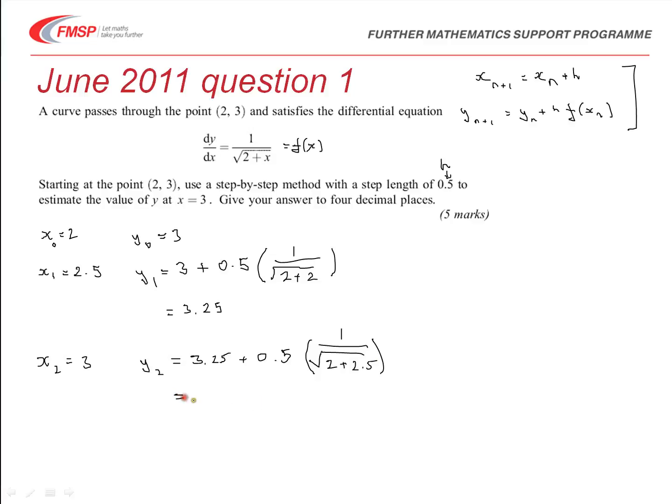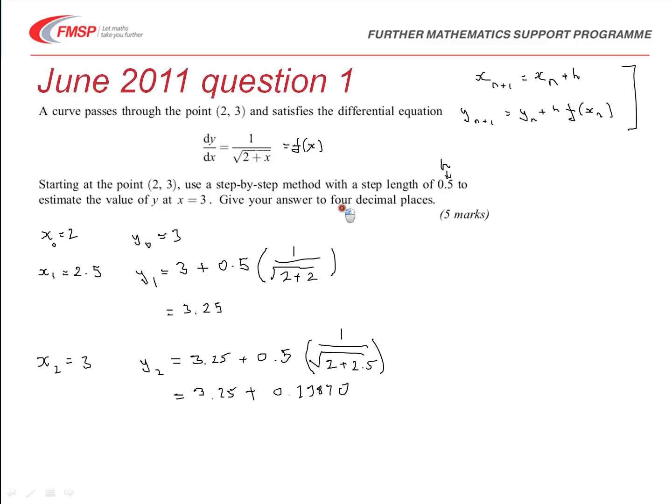Again, we'll just put that through a calculator in some form, so this will become something like 3.25 plus 0.2387, and whatever you do here, don't ignore enough decimal places.